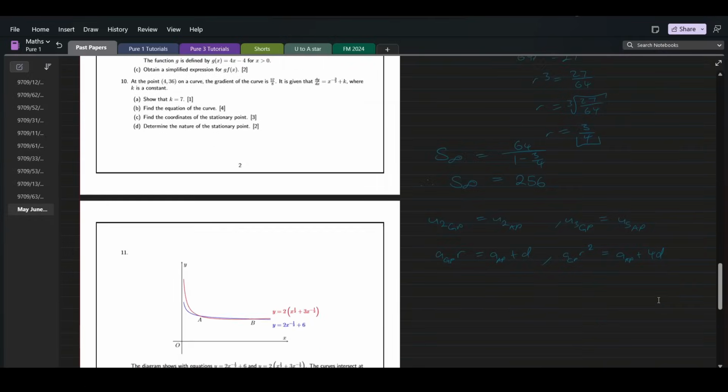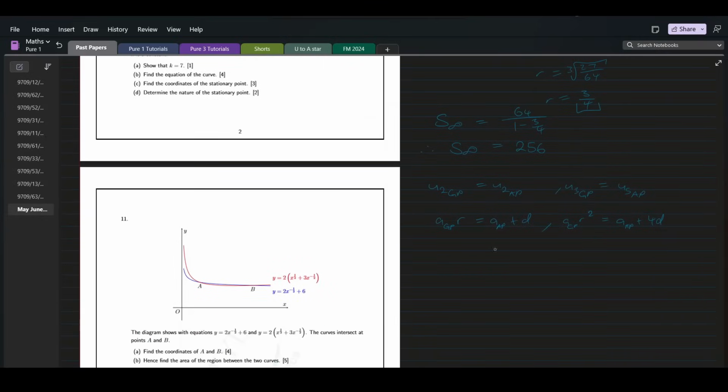So we can come back here and substitute the information we have for the GP. So A is 64, R is 3/4. So this becomes 64 times 3/4 is equal to A plus D.